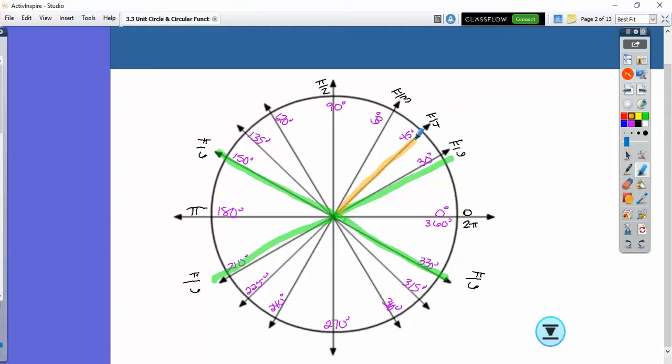All of these are 45. So all of those will be something pi over 4.